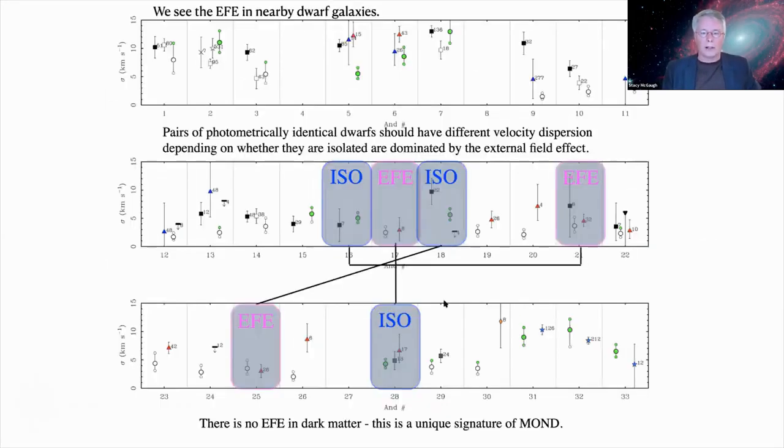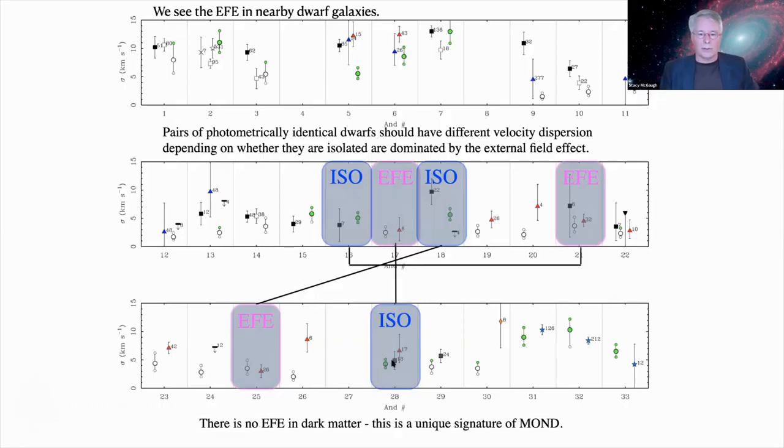There are enough of these satellites of Andromeda that you can pick out matched pairs, galaxies that on their own would have the same predicted velocity dispersion. But one is isolated, the other is affected by the external field of Andromeda. And that means it's not as low acceleration, so there's not as much of a boost from MOND, and so the predicted velocity dispersion is lower.